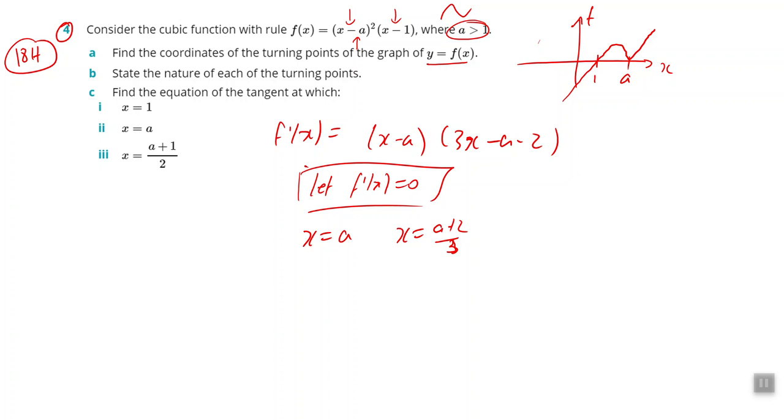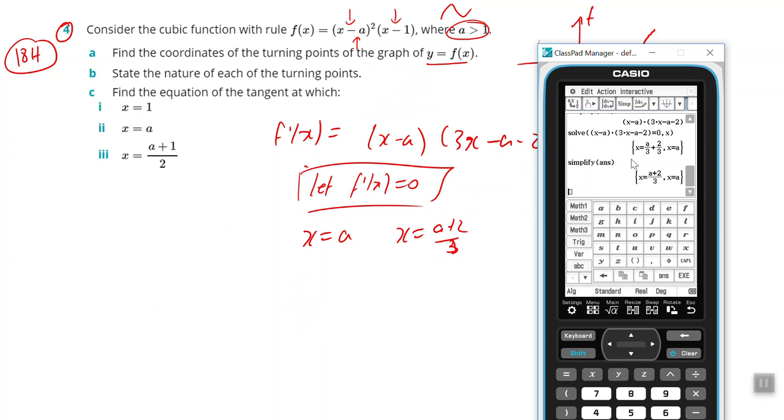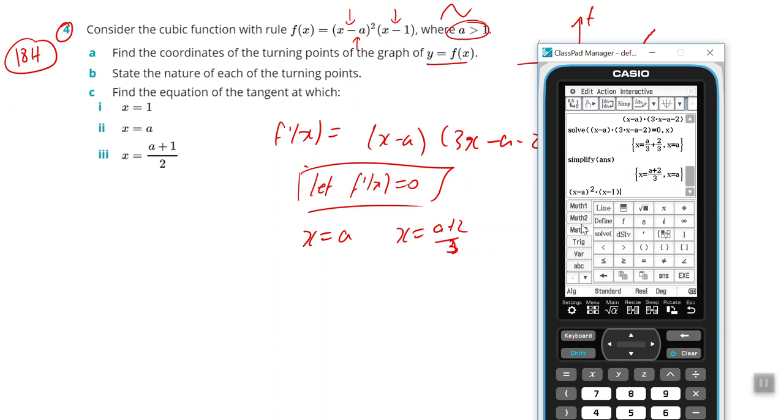Okay, so let's do a sub in. It's really important that you sub back into the original. If we sub back into the derivative, that'll be incorrect. So if I sub into the original, given that x equals (a + 2)/3, what do we get? Can we simplify it further?